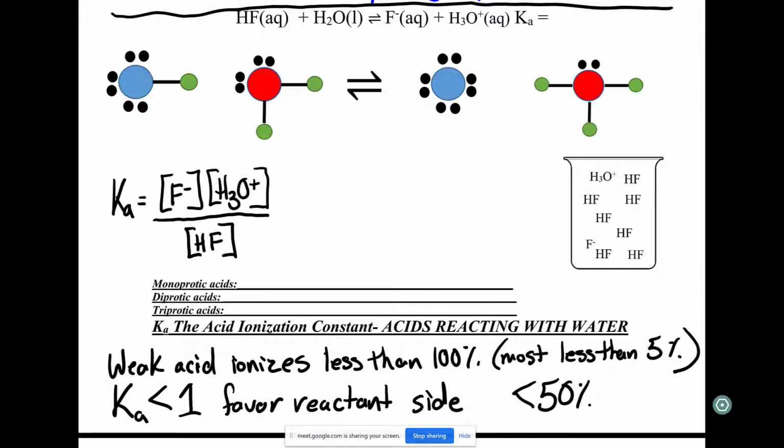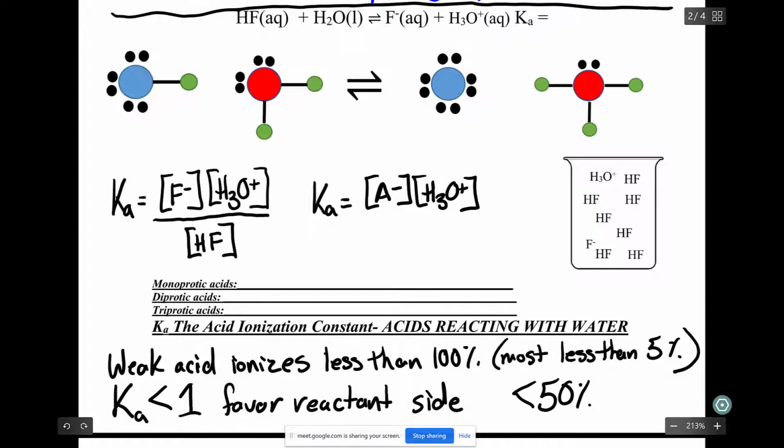But I would also like to show you what the generic one would look like. So a generic Ka for an acid such as HF would be A minus times H3O plus, and this is all over HA. So what does this A minus and HA represent?